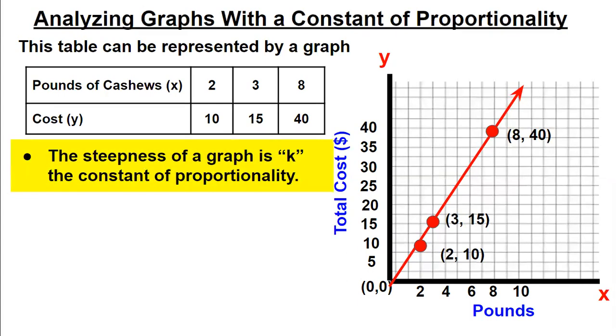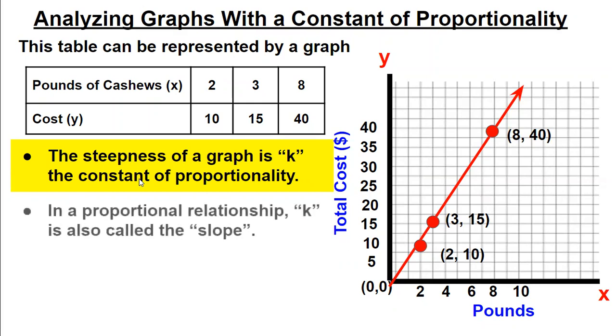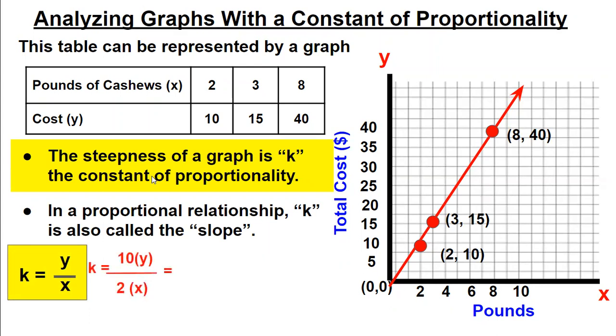The steepness of a graph is K, the constant of proportionality. In a proportional relationship, K is also called the slope. There's our formula, Y divided by X. So in our case, 10 divided by 2 equals the same as 15 divided by 3, which equals the same as 40 divided by 8, which equals 5.